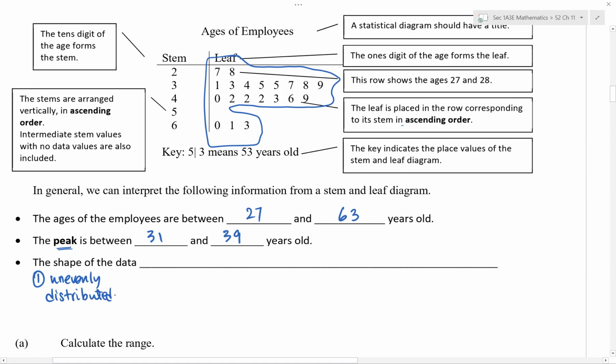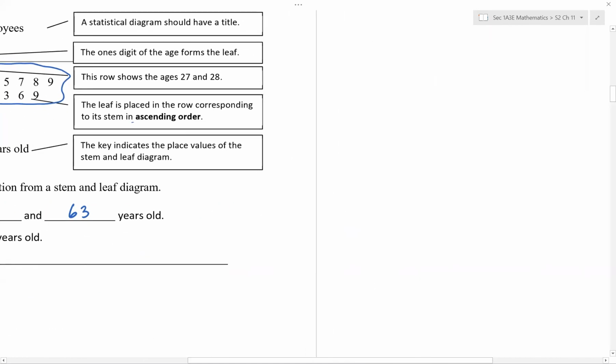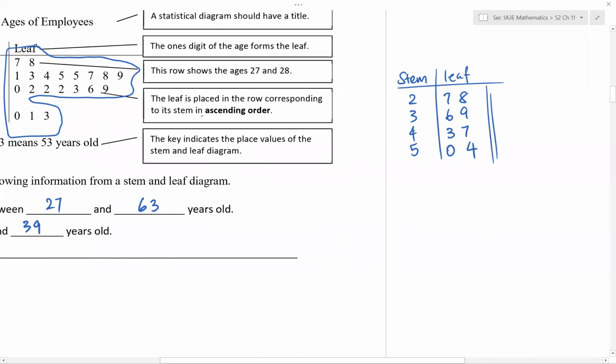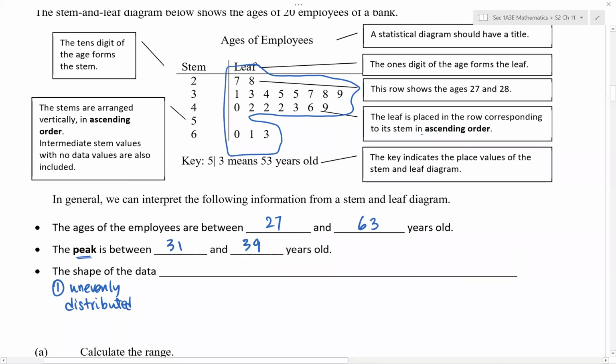Now a set of data that is evenly distributed could look something like this: stem, leaf, 2, 3, 4, 5, and the number of leaves are the same. For example, 7, 8, 6, 9, 3, 7, 0, 4. So we see that this distribution is pretty even, whereas this shape over here is quite uneven.